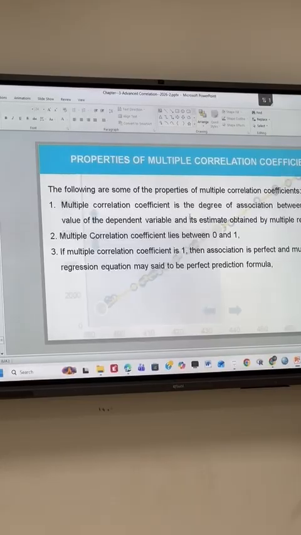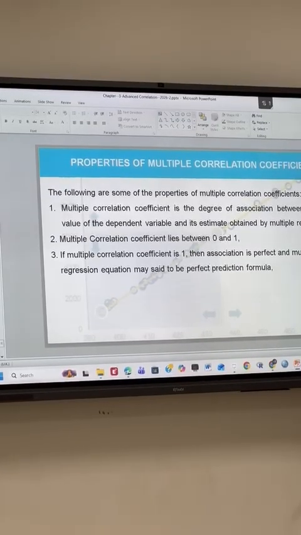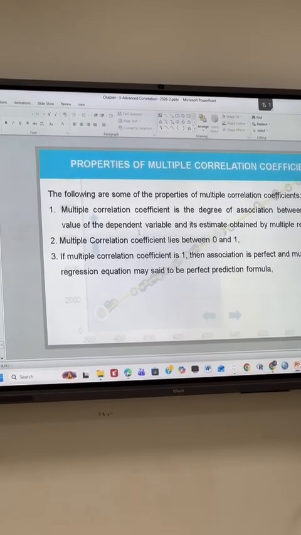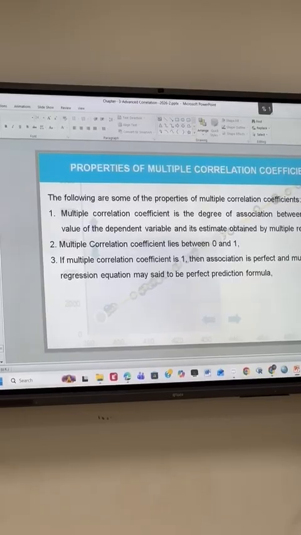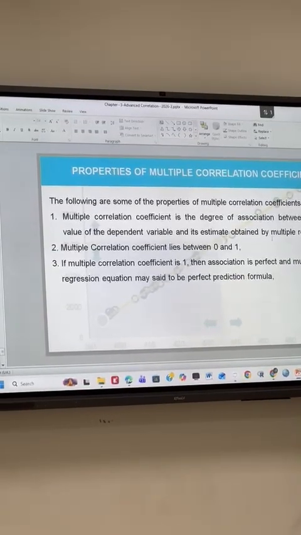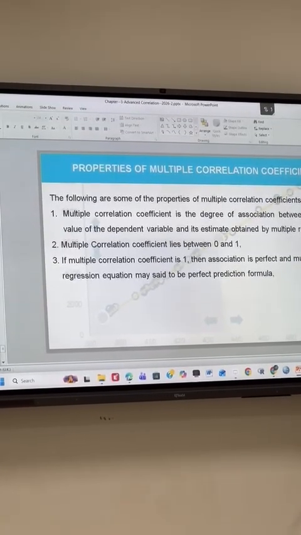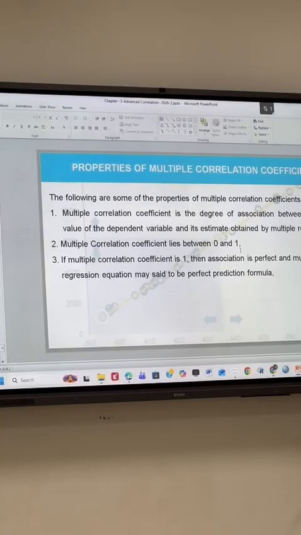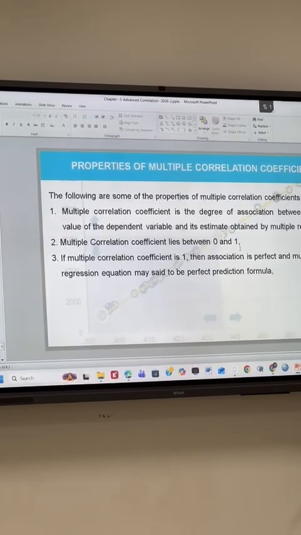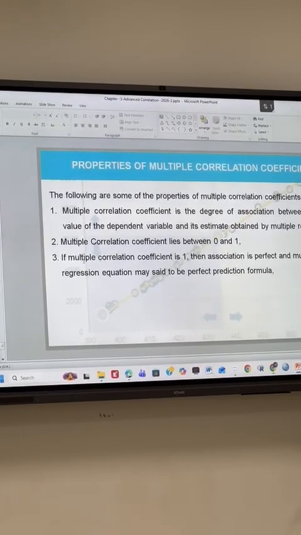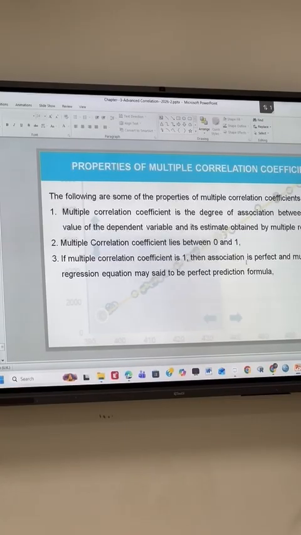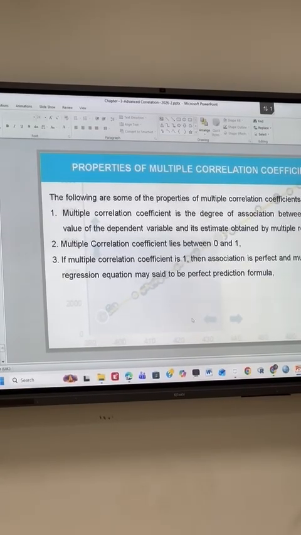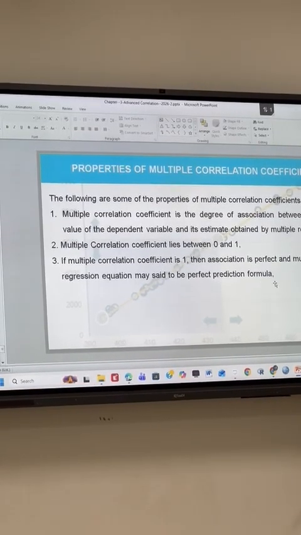The multiple correlation coefficient is the degree of association between the observed value of the one dependent variable and its estimate obtained by the multiple regression. The multiple correlation coefficient lies between 0 and 1, not minus 1. If the multiple correlation is 1, then the association is perfect and multiple regression may be said to be the perfect prediction formula.